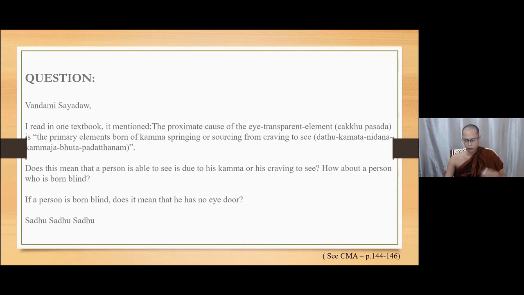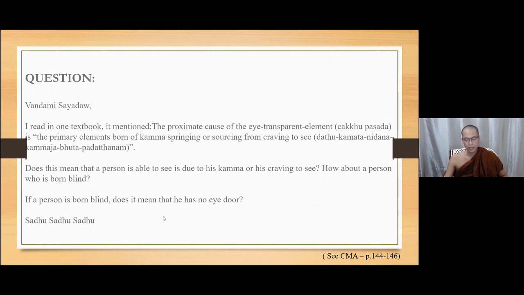And also for the person born blind, that is due to his unwholesome karma. Due to the disruption by his unwholesome karma, the eye sensitivity is absent, not because he has already eradicated the craving to see.